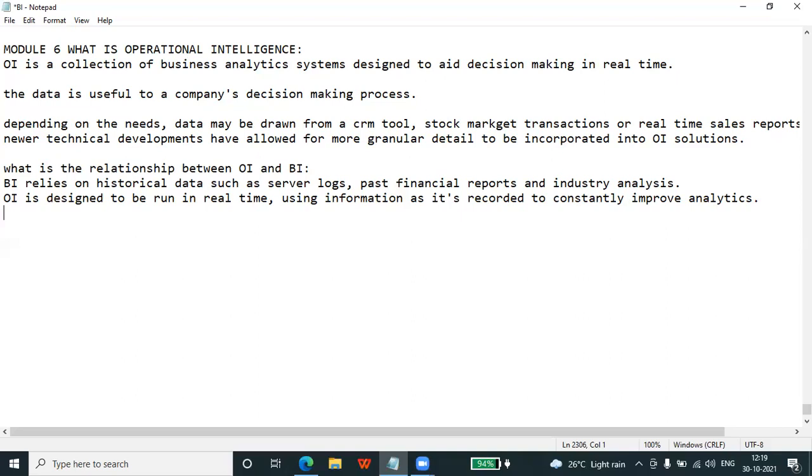Many users may feel unsatisfied with business intelligence tools that tell them what they have already known for weeks or months. As a result, they may turn to operational intelligence solutions that can provide real-time visibility.